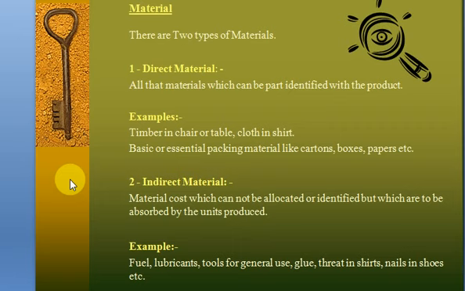Or we can say those materials which are the dominant part of the finished goods are called direct materials. They are the major parts of the finished products, dear students, and can be easily traceable in the finished units.